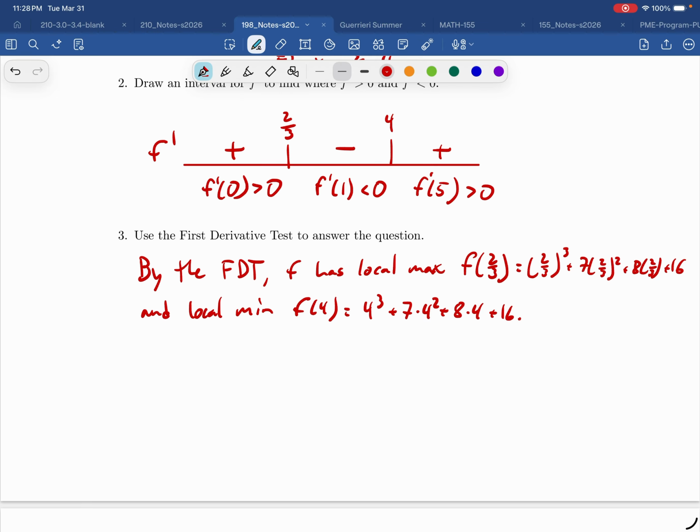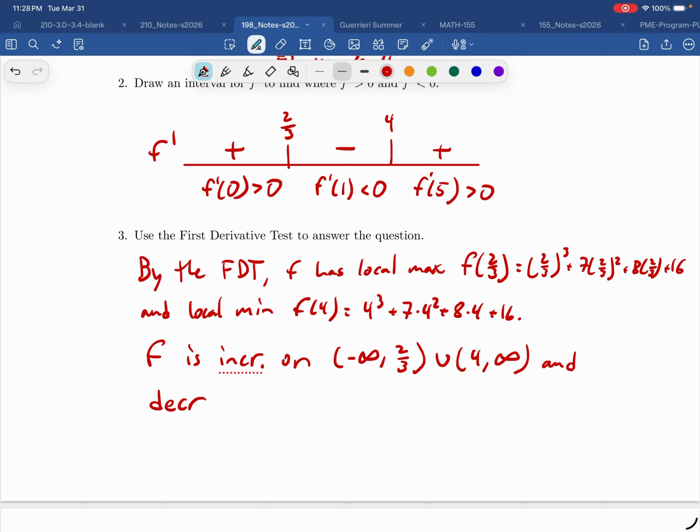Also, we should say f is increasing on the intervals with the plus signs. So we write negative infinity to 2/3, and then we write a union 4 to infinity. That's the notation. And f is decreasing on the interval 2/3 to 4. Okay?